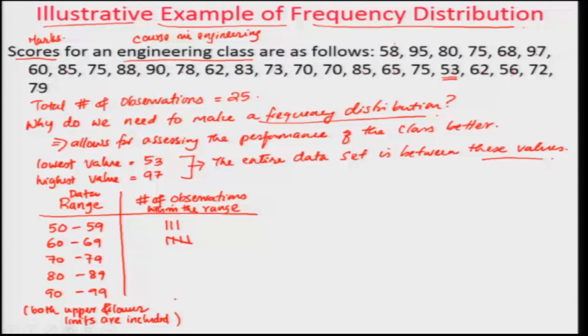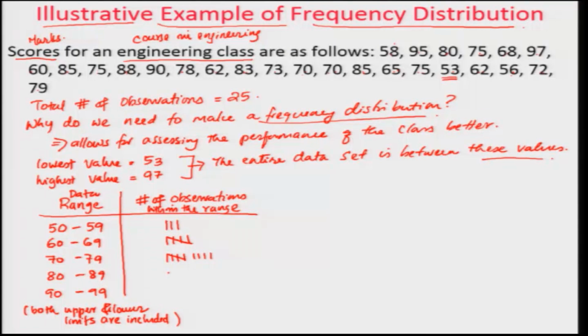Then 70 to 79, if I do this, there is 1, 2, 3, 4, 5, 6, 7, 8 and 9. So, there are 9 observations. Then 80 to 89, so let us count how many, 1, 2, 3, 4, 5, I believe it is 5, no, 6 actually.